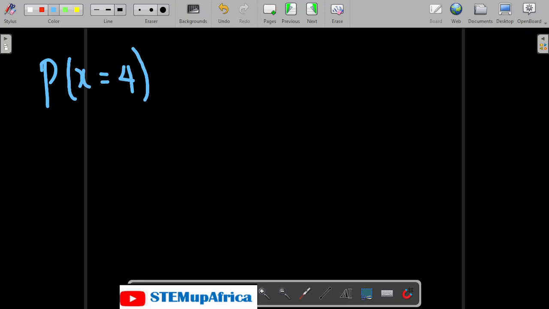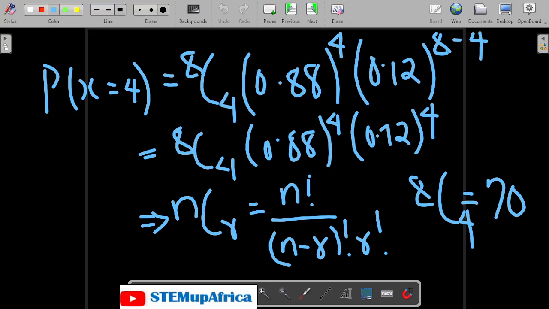So we are having Prob X equals 4 is 70 times 0.88 raised to the power 4, which will give me 0.5996.